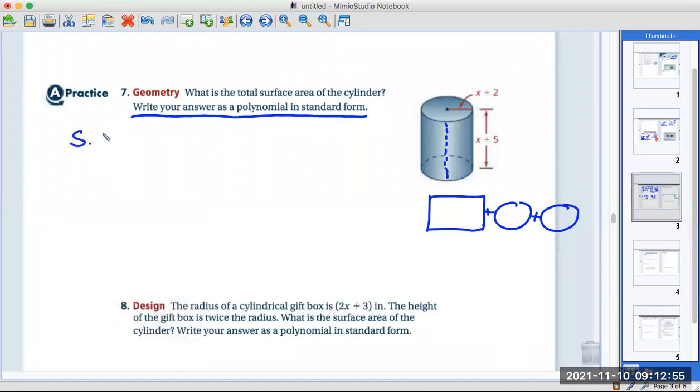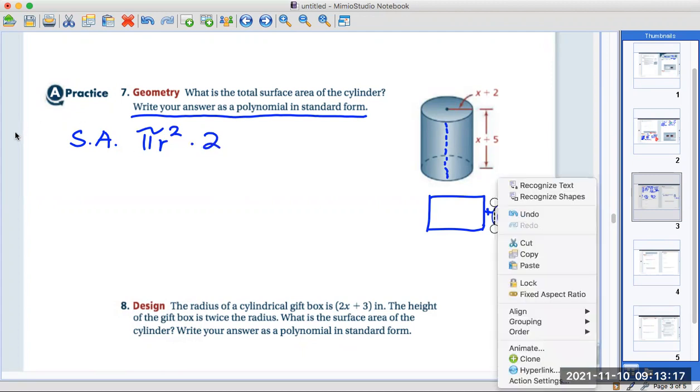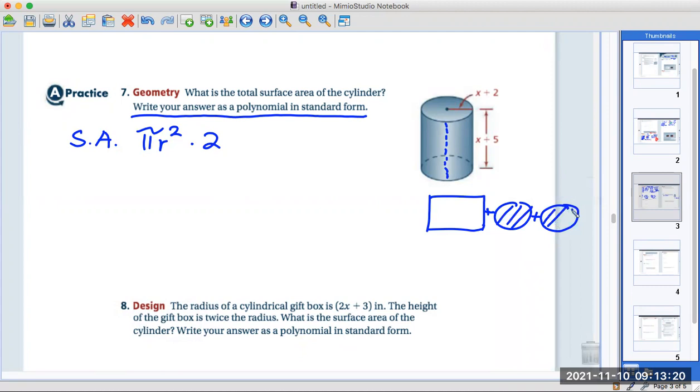It's S, surface area, is we need the area of 2 circles. So the circle is pi r squared times 2, because we got 1 circle, pi r squared. And then the rectangle would be the height times the circumference.